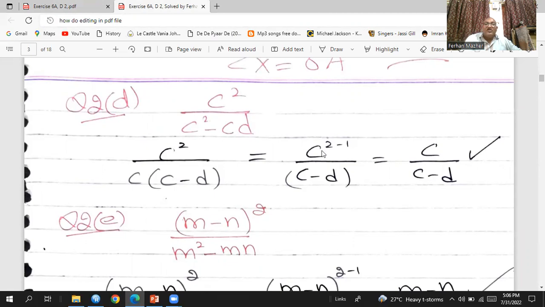So you will have c raised to power 2 minus 1 in the numerator, and in the denominator you are left with that bracket which was c minus d. So your final answer will be c divided by c minus d. So this is how you will do the question number 2, and it's D part.